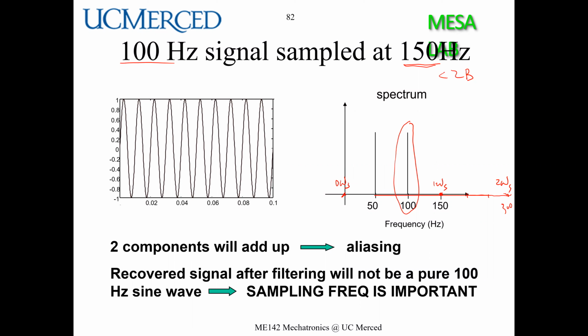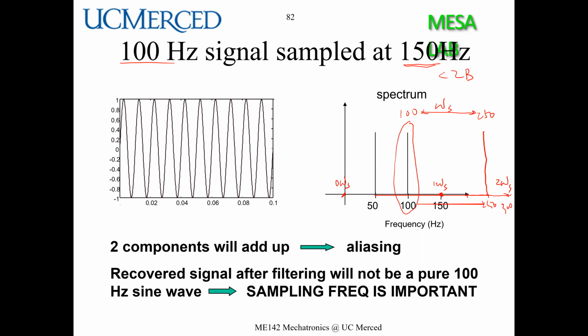What is my next component? It is measured 100 hertz from here, right? So 100 hertz from here is 250. So this is my next, this is 250. This is 100. And the distance between these is my sampling frequency.